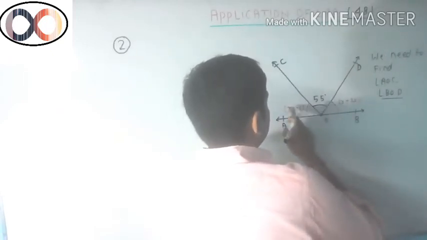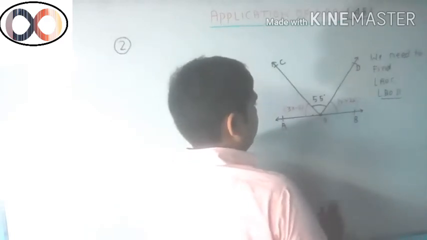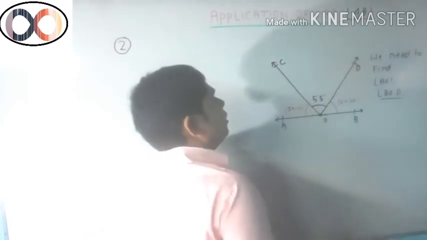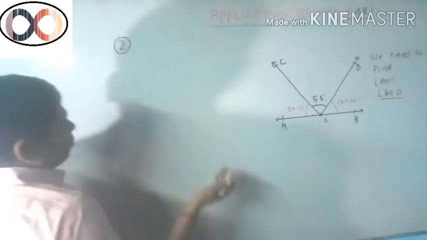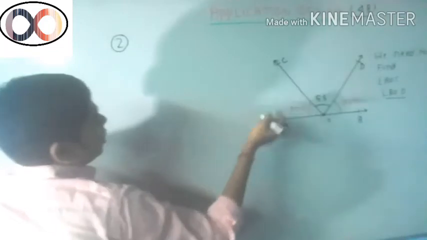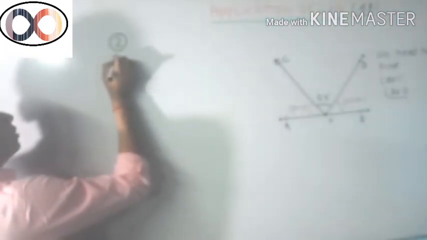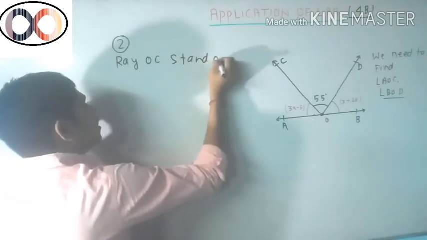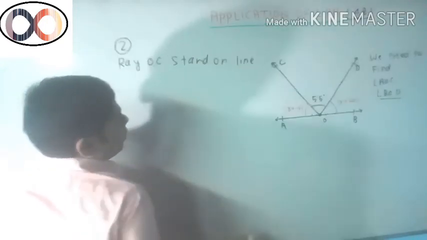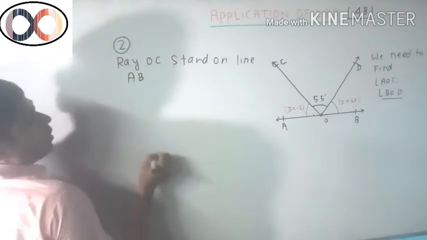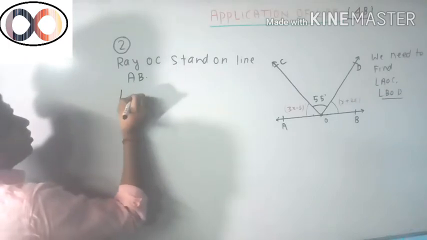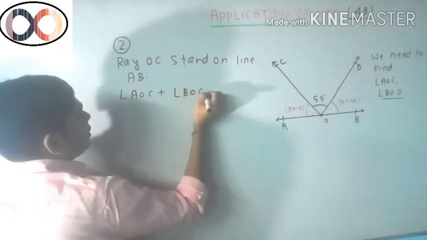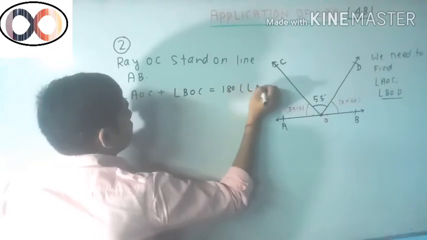That's why angle AOC plus angle BOC equals 180 degrees. This is the reason of LPA.